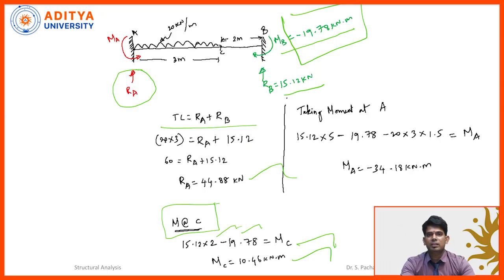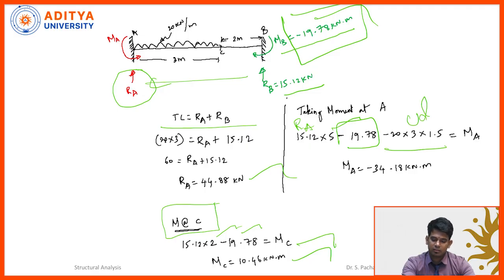Now taking moment at A will give me the moment. So the force multiplied by the perpendicular distance. This is RA multiplied by the horizontal distance, 5 meters, and then minus 19 is the moment over here, and then this is the UDL, minus 20 into 3 multiplied by where it will act, at center.